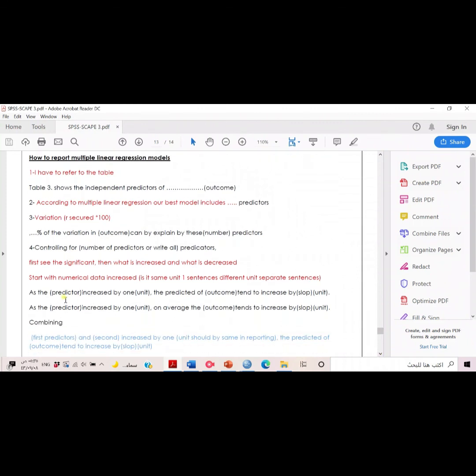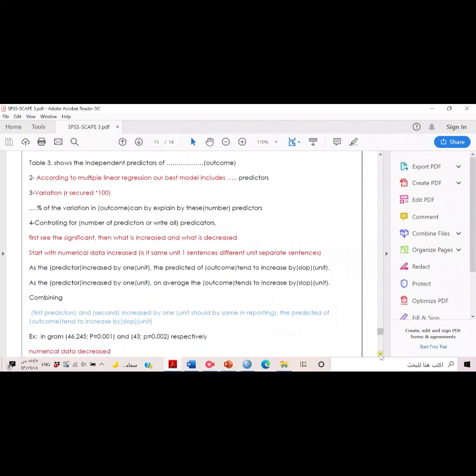I will start with the numerical data, and I will use: as my predictor increases by 1 unit, the predicted outcome tends to increase by the slope unit. Also I can combine, for example, my first predictor, let's say age, and another numerical one, if they increase by 1, I will mention the unit.